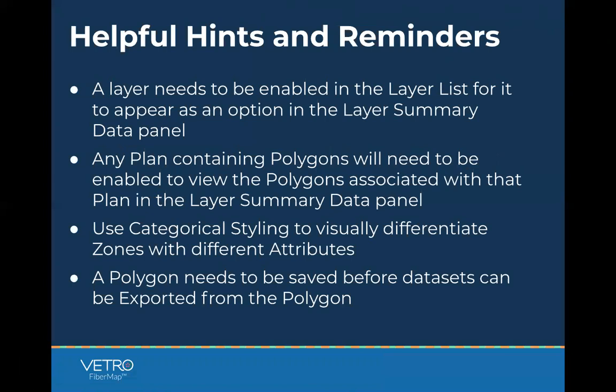We know that marketing teams are typically very visual, that tends to be their strength. And so this differentiation between the different zones, I think, makes life much easier. And then bear in mind that a polygon needs to be saved before you can export data from the polygon, like the one that I saved in Portland, versus when you make it on the fly using the Lasso Tool.